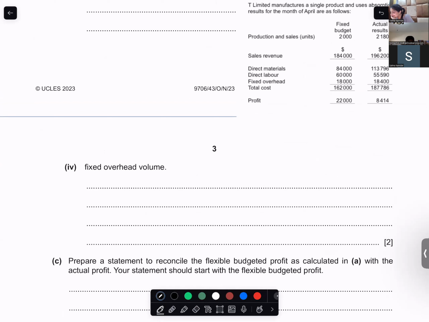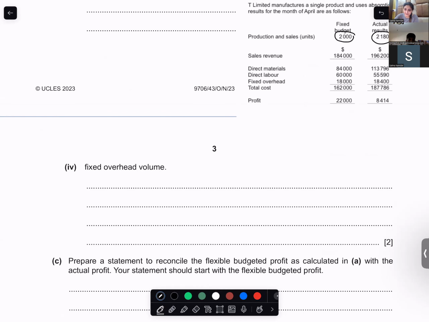Okay. You expected to sell how much quantity? 2,000 units. But you sold how many units? 2180. This 2180 units you will multiply with OAR. Find the OAR.